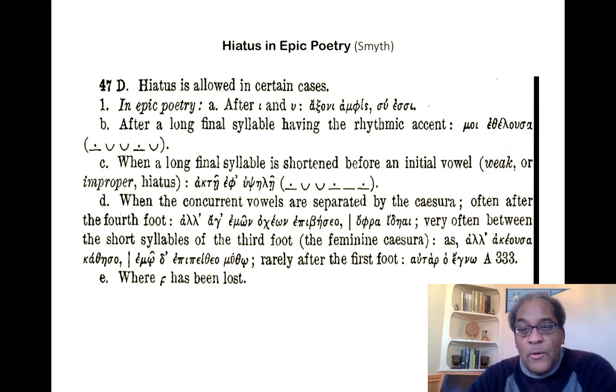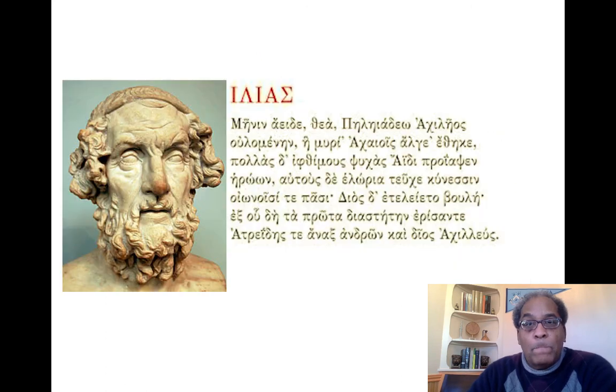And rarely it occurs after the first foot. You see long, short, short, long, long. And then finally, it can occur where digamma has been lost. So there are cases where you will have hiatus in epic poetry, and I encourage you to study this at the bottom of the dialect section of 47 of Smyth.